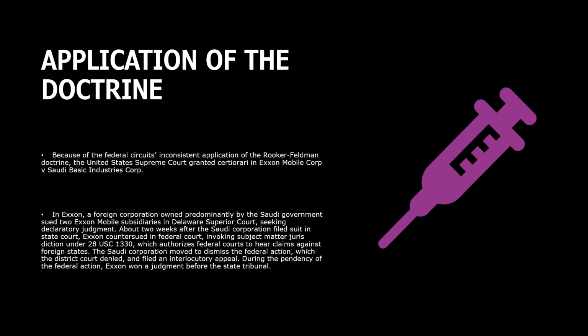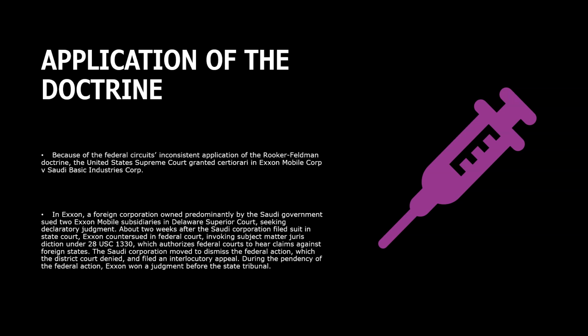Now, the application of this doctrine. Because of the federal circuits' inconsistent application of the Rooker-Feldman doctrine, the United States Supreme Court granted certiorari in ExxonMobil Corp. versus Saudi Basic Industries Corporation. In this case, a foreign corporation owned predominantly by the Saudi government sued two ExxonMobil subsidiaries in Delaware Superior Court seeking declaratory judgment.